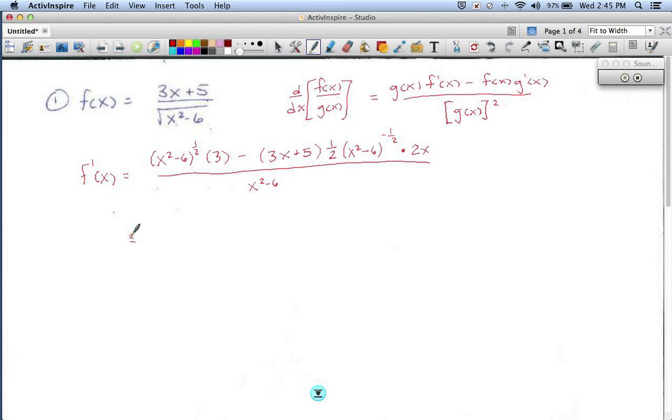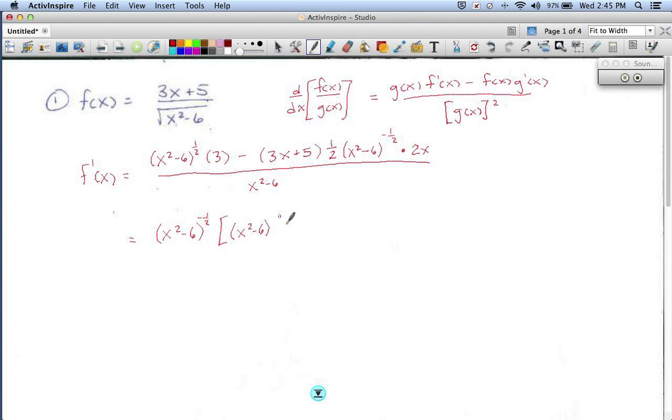At this point, we are on to algebra. We need to simplify our numerator. Notice like terms, x squared minus 6 to some power and x squared minus 6 to some power. We always pull out the lowest degree. In this case, that's negative 1/2. And factoring, if I pull something out, I have to subtract that exponent from what was there. A half minus a negative half is a whole.